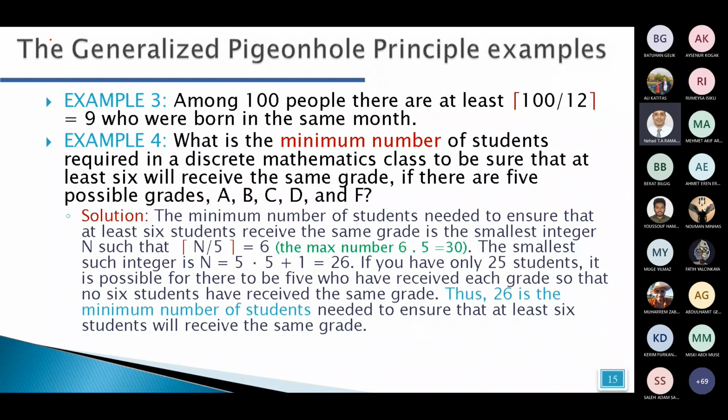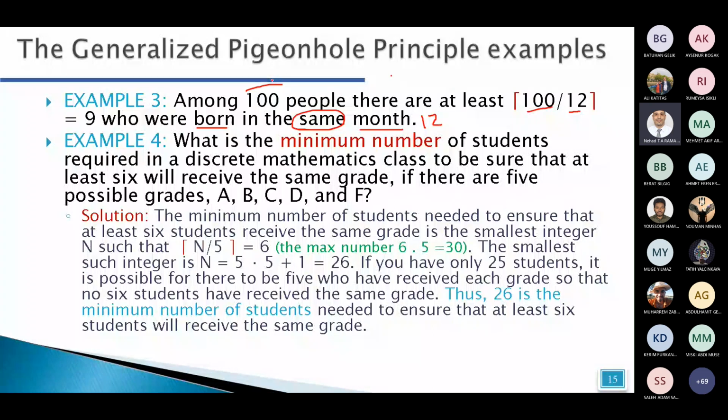Let's continue. Here is another example. Among 100 people, there are at least 100 divided by 12 people who were born in the same month. How many months do we have? 12.